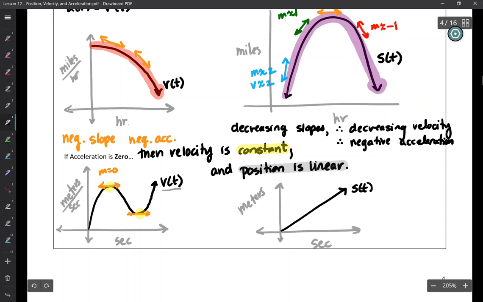I can see my position function being linear here. The slope of the tangent line to that function is always the same number. Maybe here we feel like the slope is always 1. What does that mean? That means that velocity is always 1. In other words, velocity is constant. And the derivative of a constant is 0. What is the derivative of velocity? It's got a special name, and that name is acceleration.